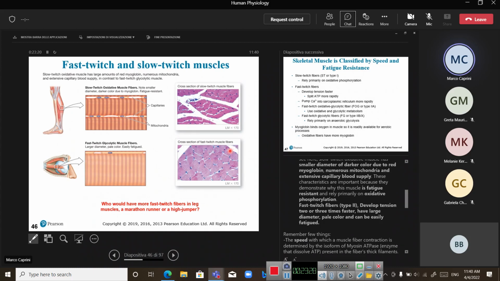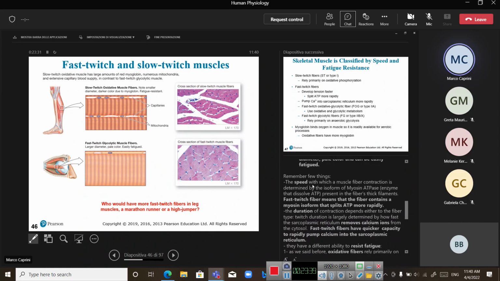So, the amount of this muscle or this muscle can describe the type of exercise that we are doing. A marathon runner should have more of this type of muscle, but a high jumper, this type. Okay?